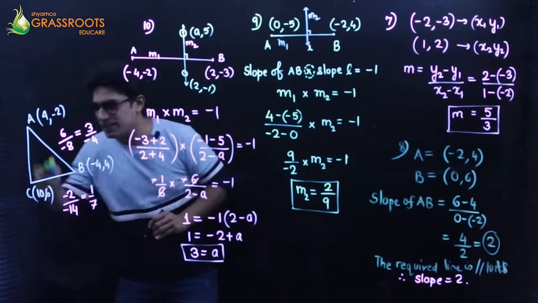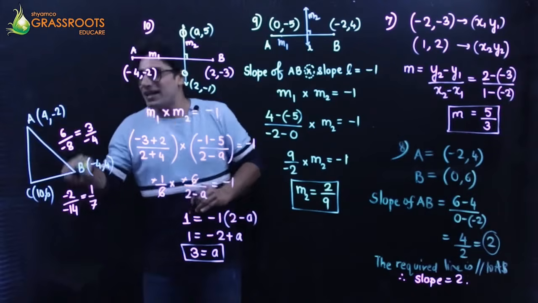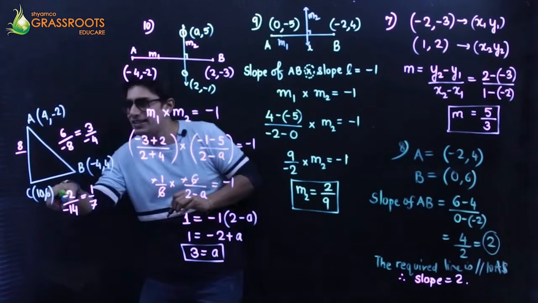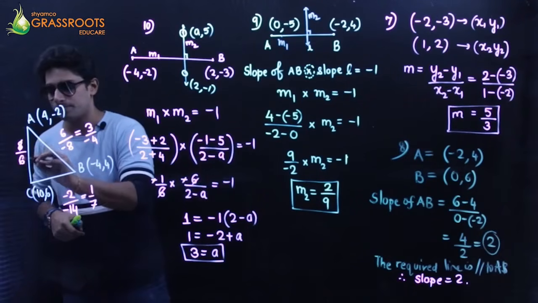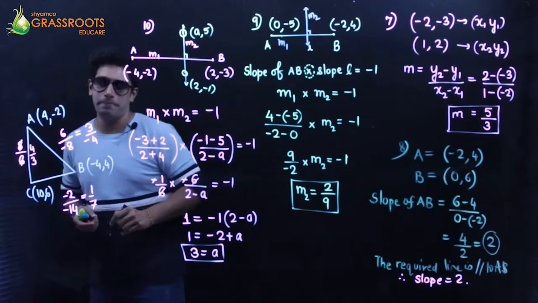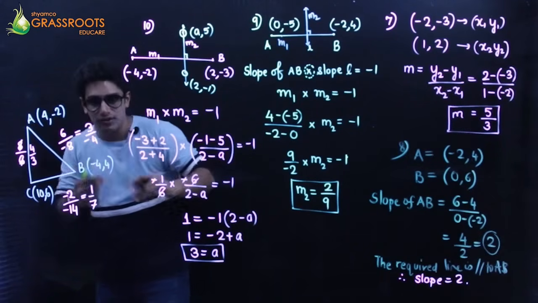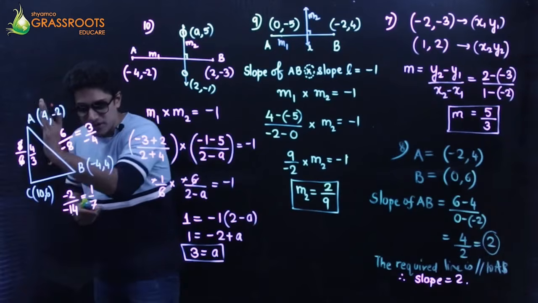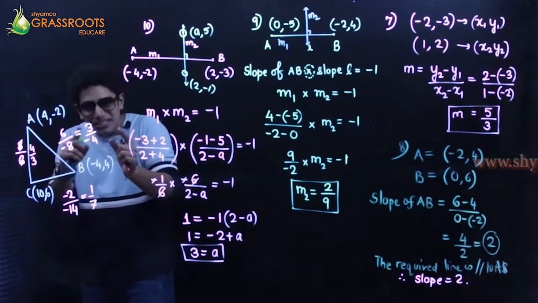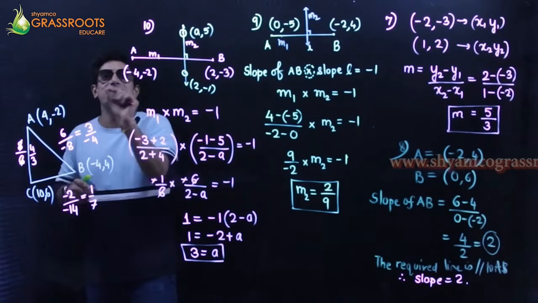Find the slope of AC. y2 minus y1, 6 minus of minus 2, that's 6 plus 2, upon 10 minus 4, 4 by 3. Tell me, when you multiply any two slopes, where will you get the answer as minus 1?